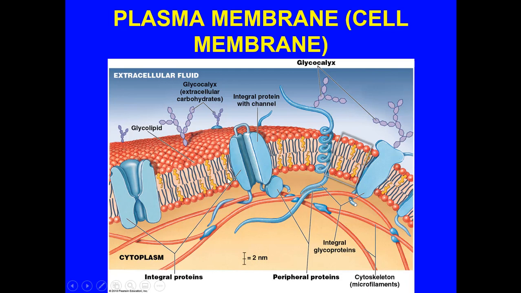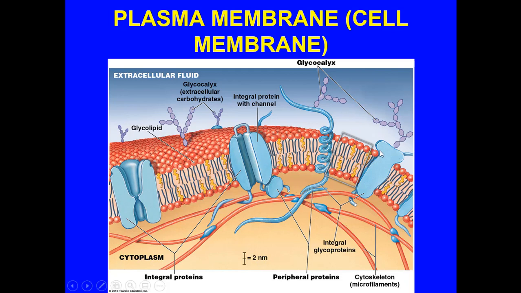That means in the middle, this is where you have the nonpolar or hydrophobic part. That's the barrier. And you'll notice that the yellow structures here are basically cholesterol molecules, which add to the stiffness of the membrane.